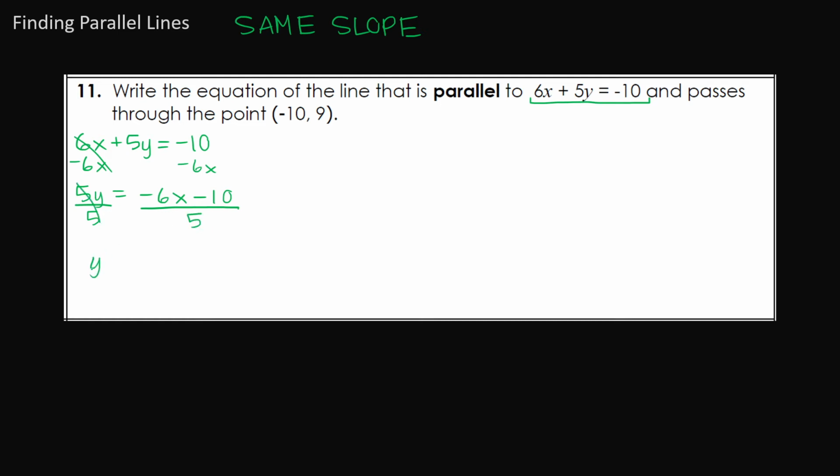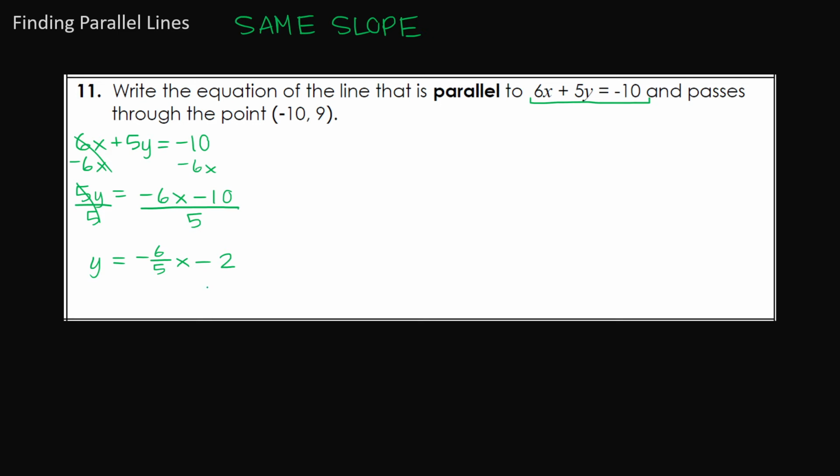So I get y is equal to, well, negative 6 divided by 5 is just the fraction negative 6 over 5. And then negative 10 divided by 5 is negative 2. So the equivalent equation to this one is y equals negative 6/5 x minus 2.